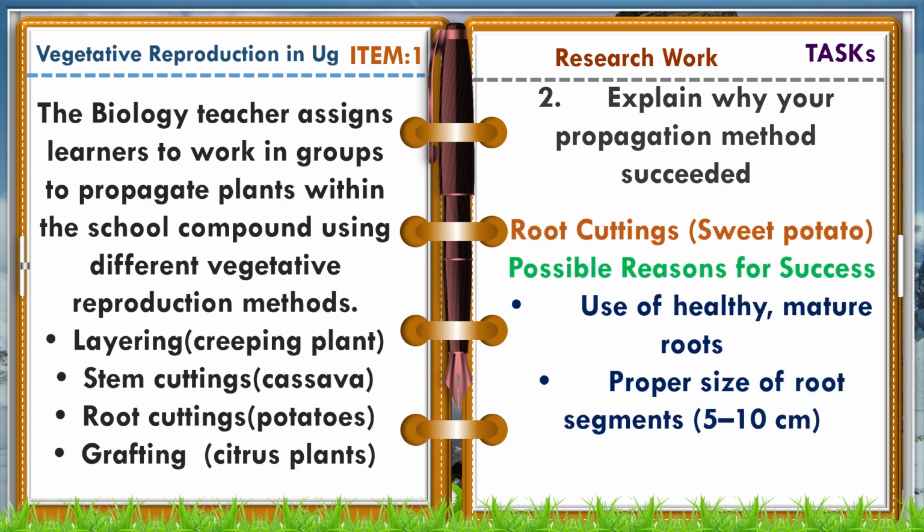Then we go to the root cutting, another propagation method. Why was it possible for it to succeed? We had to use healthy, mature roots, which had proper size of the root segment, around 5 to 10 centimeters.